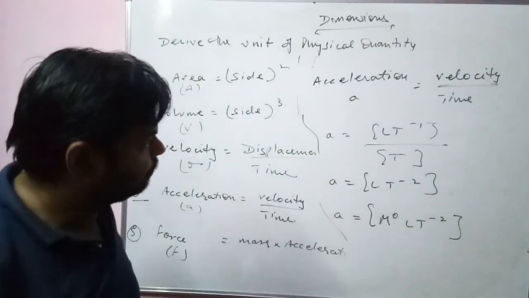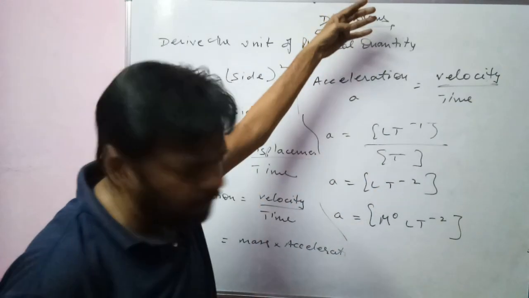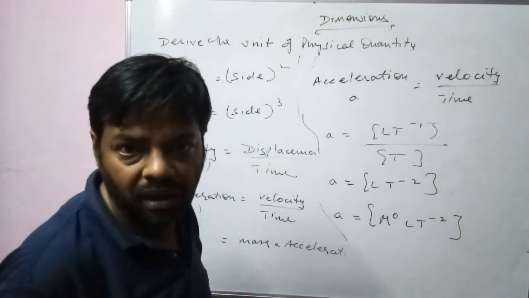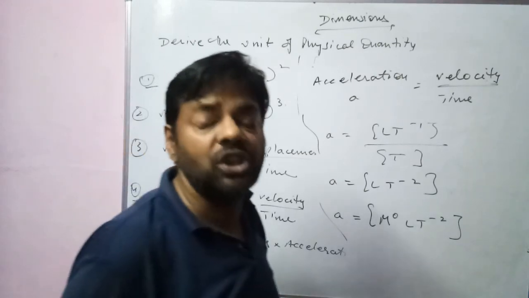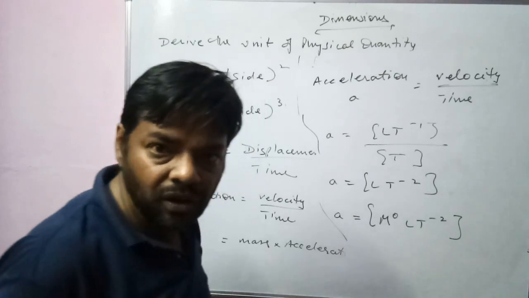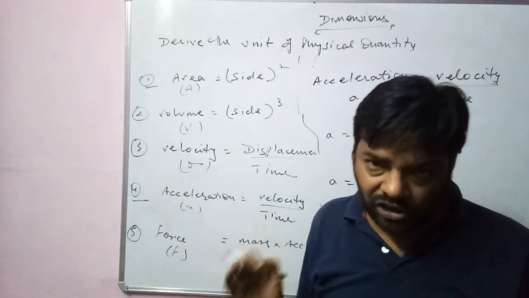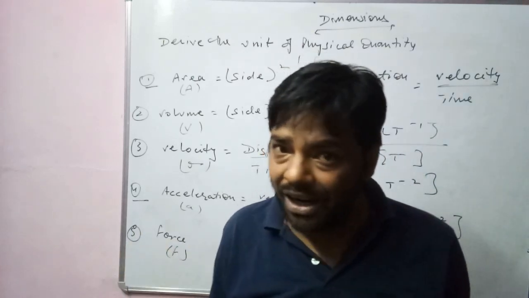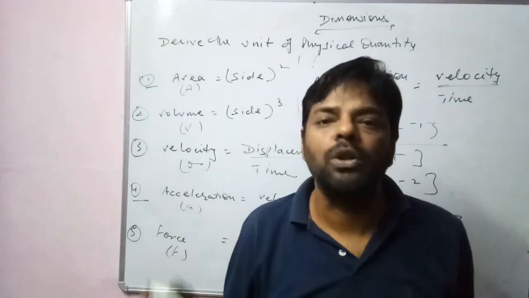Now it depends on you. I suggest that you better use this part, because it will not consume much time. For this approach, it is required that you learn the dimensional formulas of the physical quantities.